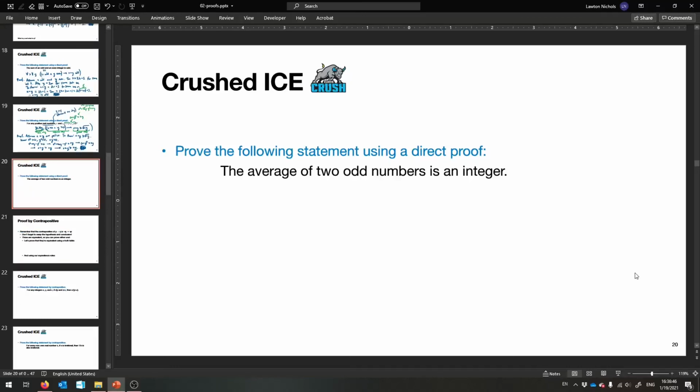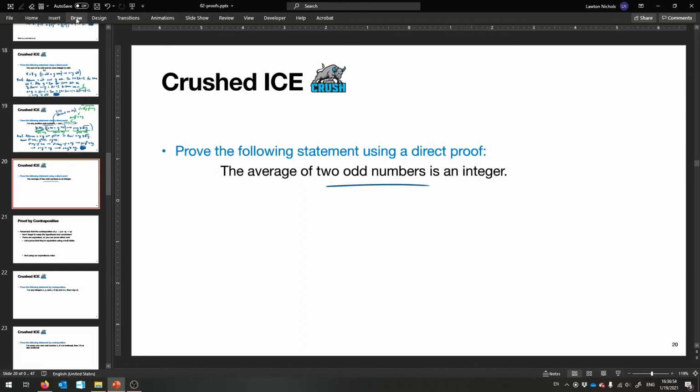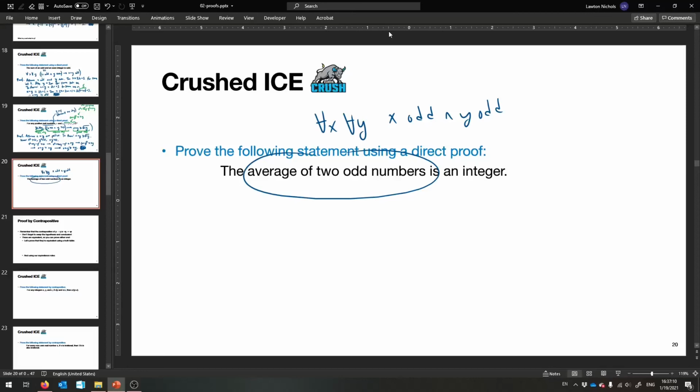Okay, so let's first convert this to math. I'll write it up here just in case I run out of room again. This is saying something like, okay, the average of two odd numbers, so we have a for all, again, we have two numbers quantified over, x and y. We know that they're both odd, so x is odd and y is odd, and apparently the average of those two numbers is an integer, we're trying to say.